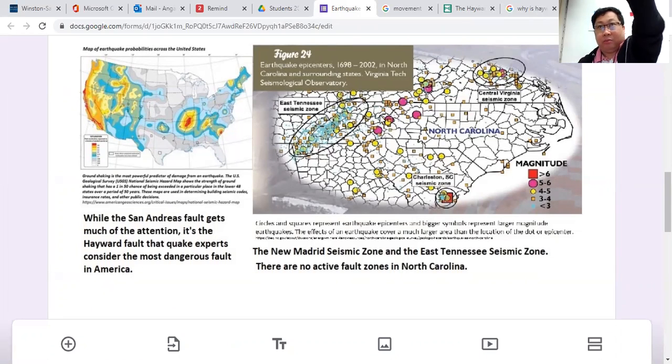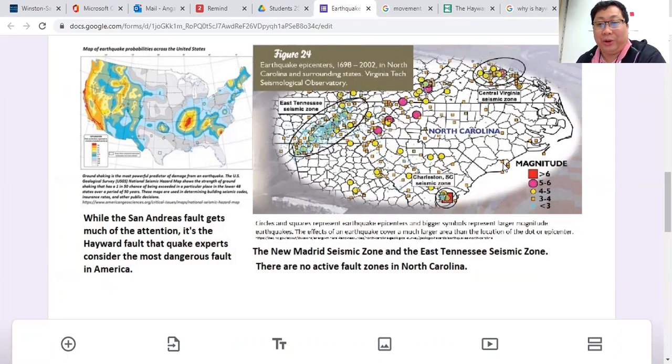Now, on the other side right here, we have the map of North Carolina. In this region, you will find that there are areas here with a lot of earthquakes.